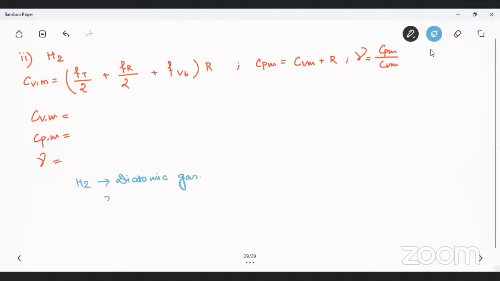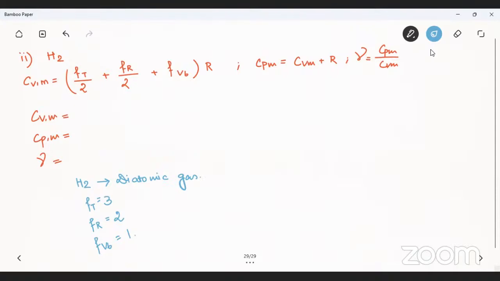So obviously it has three translational, so FT is 3 for it. 2 rotational degrees of freedom, that is, and 1 vibrational. Using that formula 3n minus 5, total degrees of freedom is 6 for hydrogen.